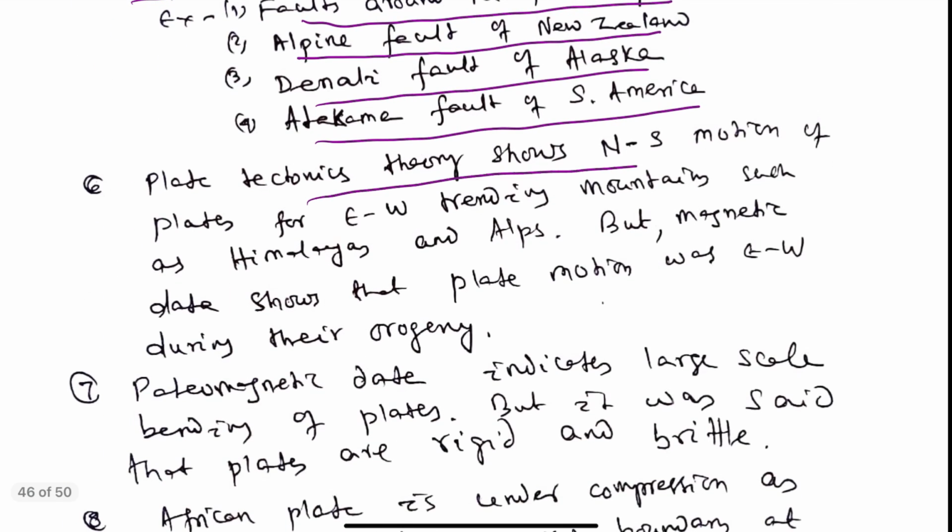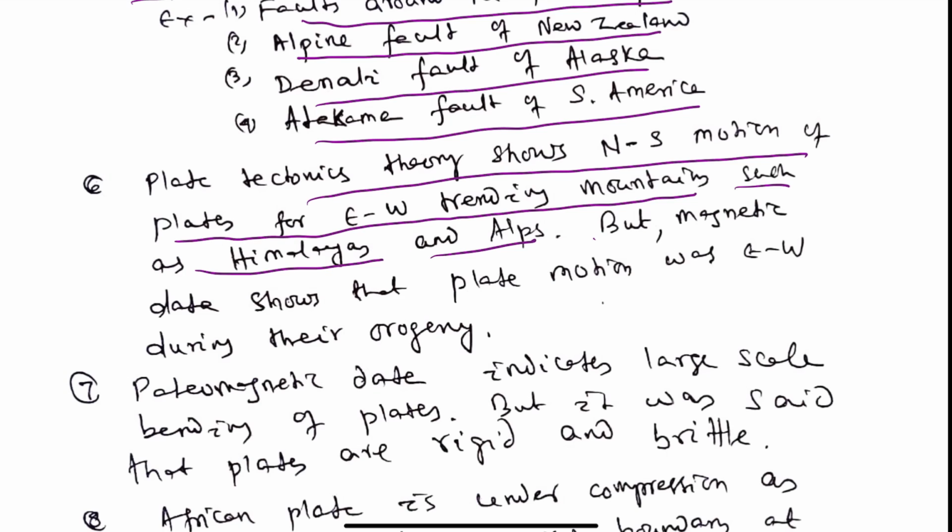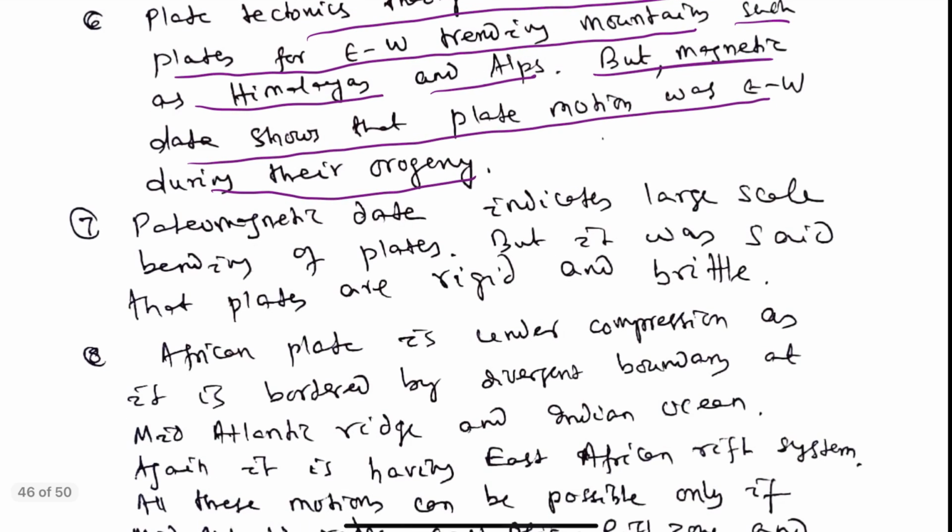The plate tectonics theory shows north-south motion of the plates for east-west trending mountains such as the Himalayas and Alps. But magnetic data shows that the plate motion was east-west during their orogeny. These are some of the deficiencies of plate tectonics.